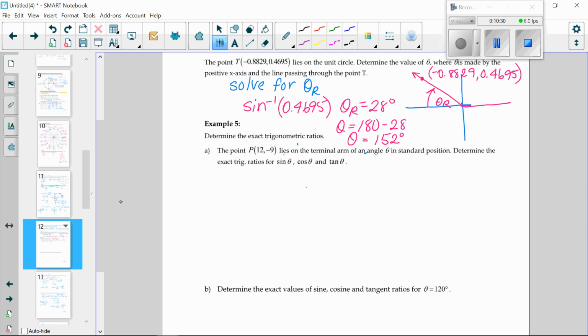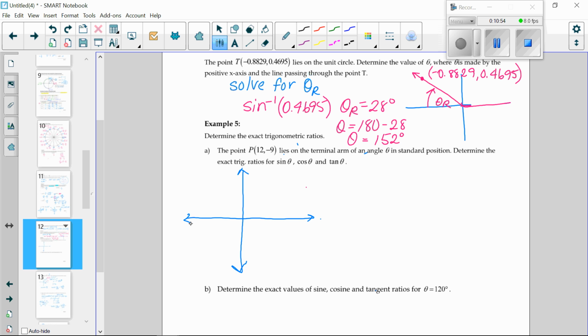The point P, 12 and -9, lies on the terminal arm of an angle theta in standard position. Determine the exact trig ratios for sine theta, cos theta, and tan theta. So I'm going to sketch this. Always sketch these out.